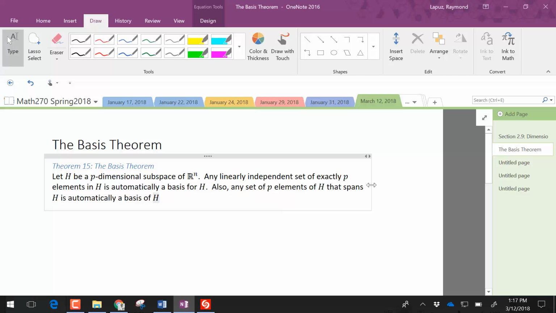So if you have a p-dimensional subspace of Rn, any linearly independent set of p elements in H is automatically a basis. Also, any set of p elements of H that spans H is also automatically a basis.